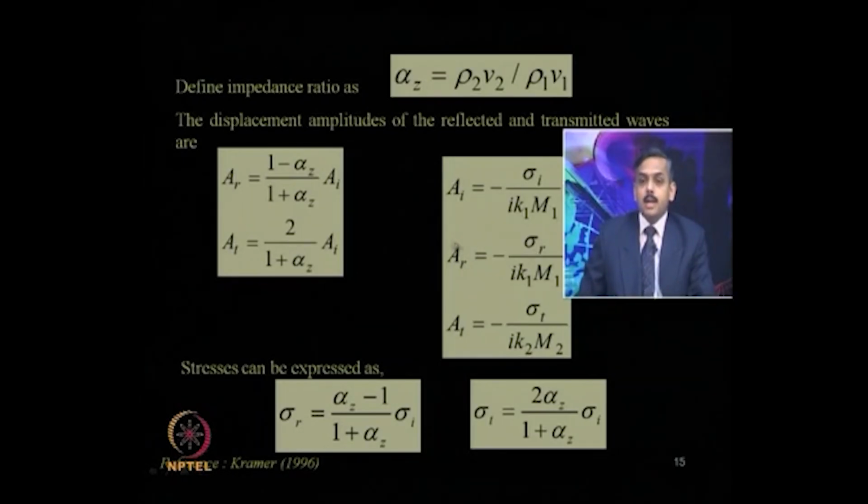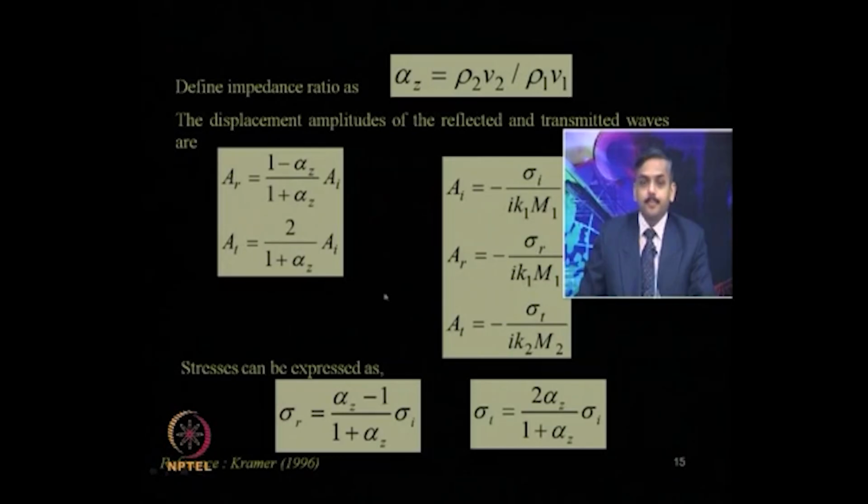Also, the reflected wave displacement amplitude is related to the reflected wave stress amplitude in this form, and the transmitted wave displacement amplitude is related to the transmitted wave stress amplitude in this form, through their modulus.